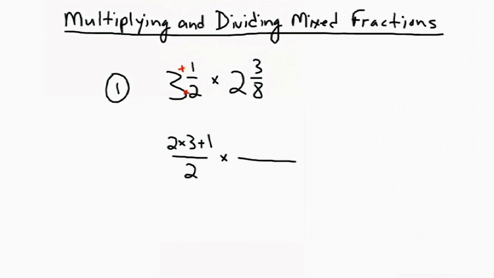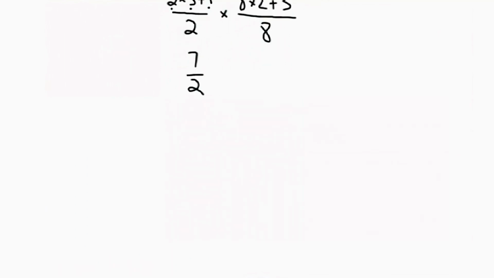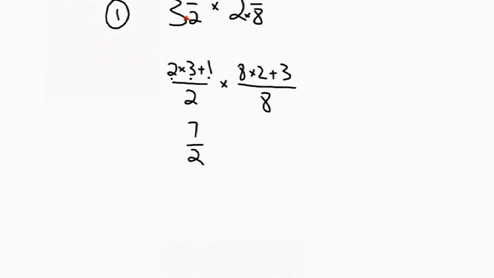We can do the same thing with this fraction: 8 times 2 plus 3 all over 8. Here we get 2 times 3 is 6, 6 plus 1 is 7 over 2, and then 8 times 2 is 16, plus 3 is 19/8.